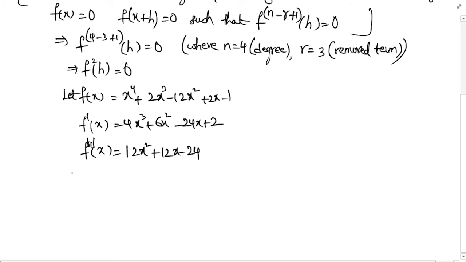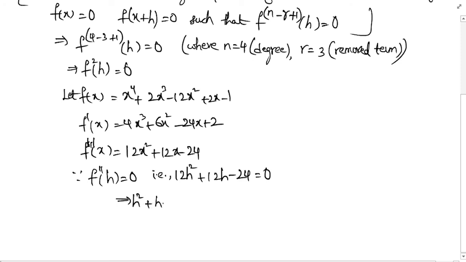Okay, so since f double dash of h is equal to 0, that is 12h square plus 12h minus 24 is equal to 0, that implies h square plus h minus 2 is equal to 0.